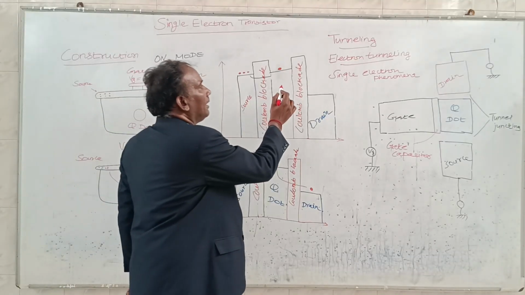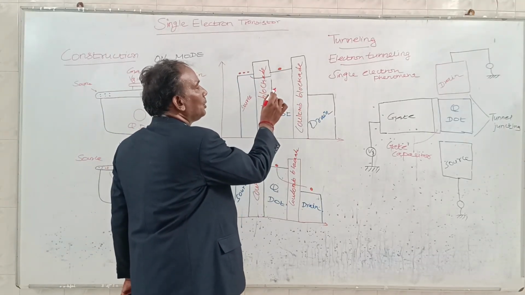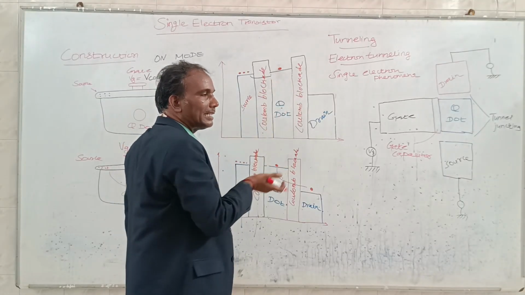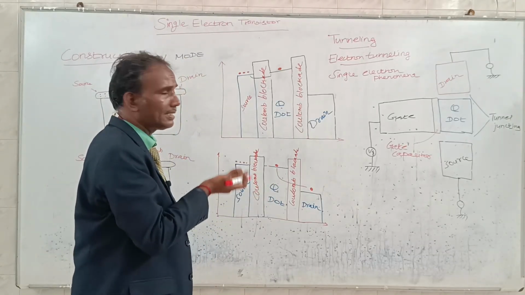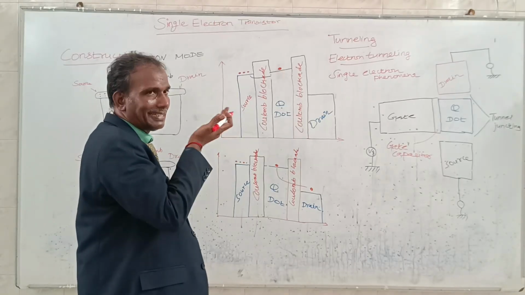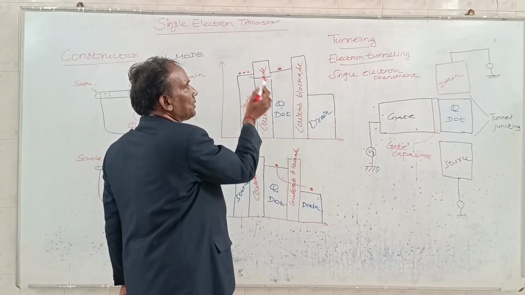Then the electron tunnels through the Coulomb blockade and reaches the quantum dot. Once the electron reaches the quantum dot, the energy level of the quantum dot increases up to the energy level of the source.